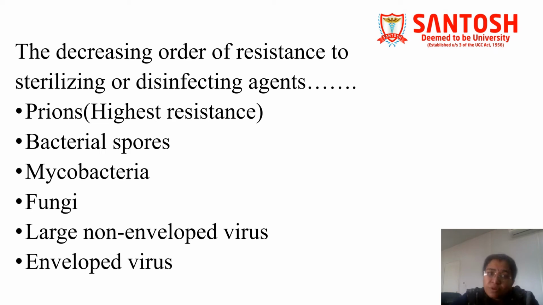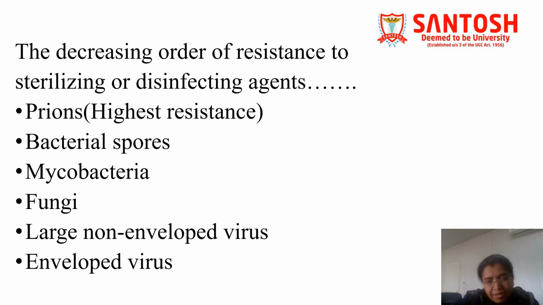Now the nature of the organism that I was discussing. The decreasing order of resistance to sterilizing or disinfecting agents is: prions, which have the highest resistance, then bacterial spores, then mycobacteria, fungi, large non-enveloped virus, and the enveloped virus.